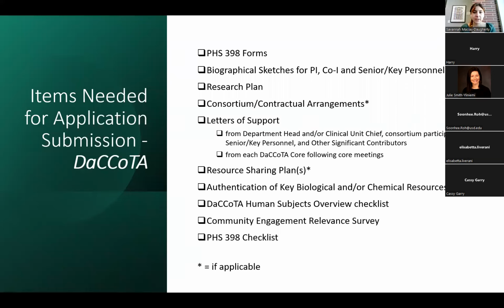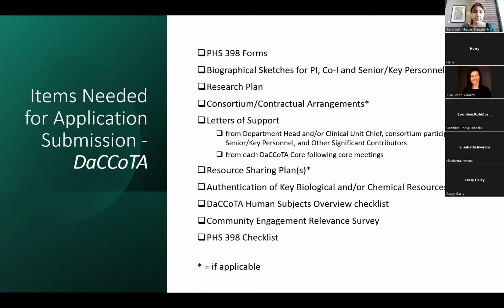So in terms of applying to the DaCCoTA, a lot of the core components will be the same between the DaCCoTA and NIH. And those include PHS 398 forms, and I'll go into a little more depth of those on the next slide.